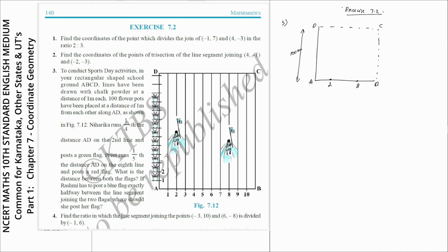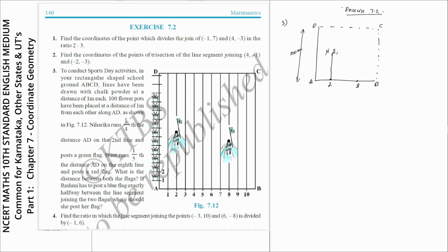Now the length of AD is 100 meters because 100 pots are placed and each pot is 1 meter apart from one another. Therefore AD is 100 meters. Now Niharika starts from second track and she covers one fourth of AD. So somewhere she covers this much distance, so that is Niharika. What is the coordinate of Niharika?